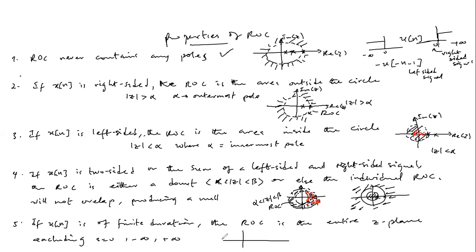So we have something like this. It's imaginary z, real z. So here we're excluding negative infinity, 0, and positive infinity, right? So every other part of the z-plane is a region of convergence. Well, these are the properties.